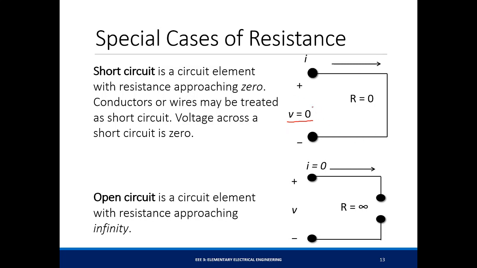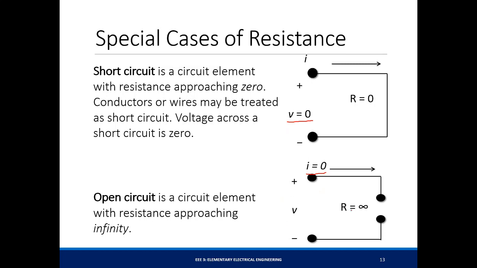You can never have a voltage across a wire or a short circuit, because if you have a voltage and the resistance is zero, then the current will be V divided by R, and any number divided by zero is infinity. Okay. An open circuit is the opposite thing. The current is zero for an open circuit. If the current is not zero, then the voltage must be very high.